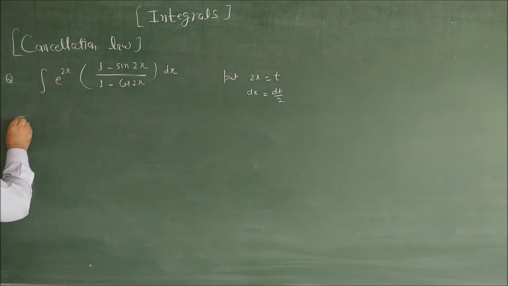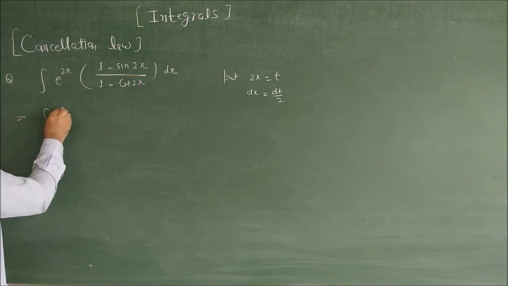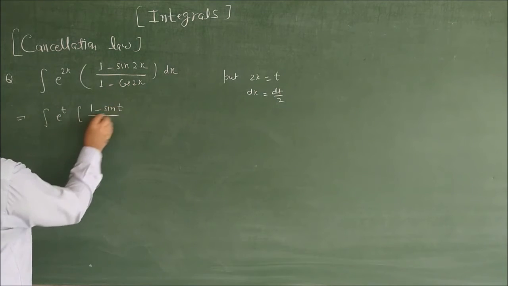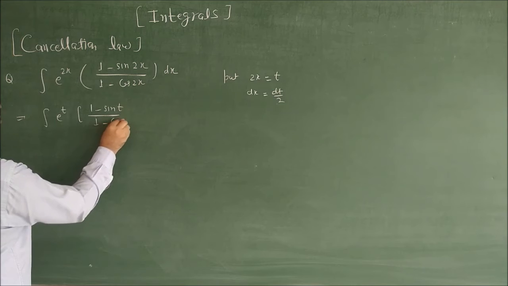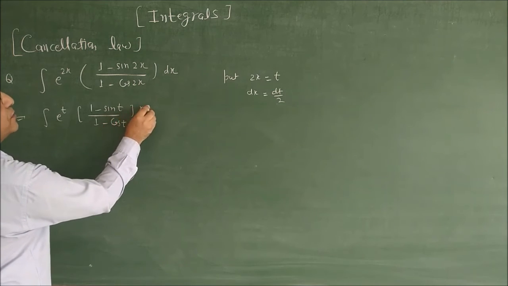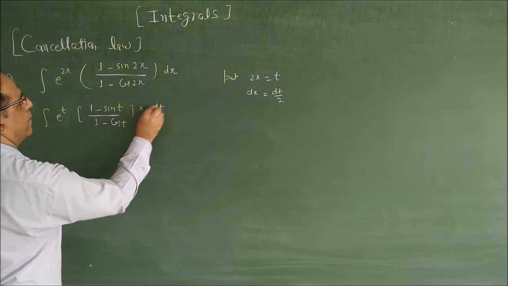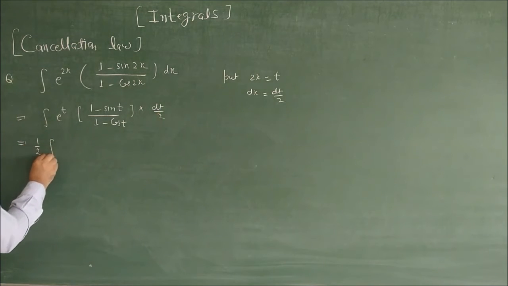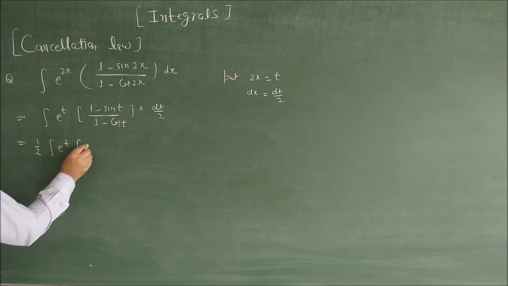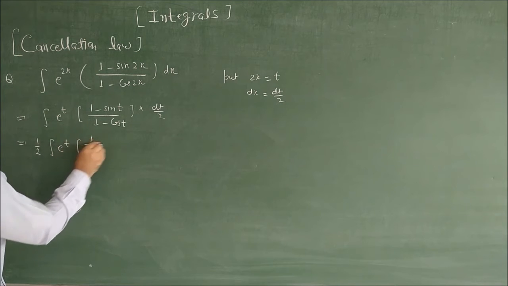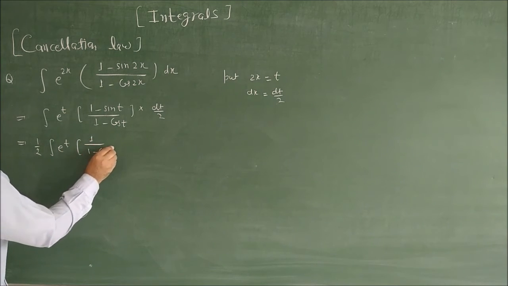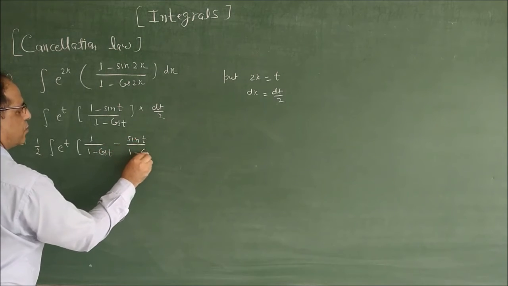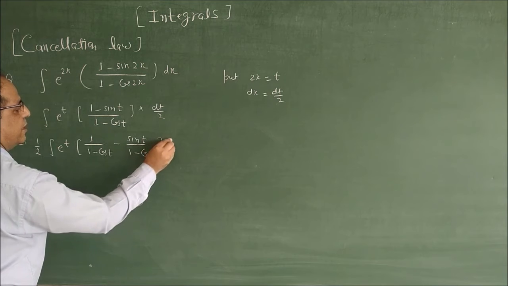So the question becomes e to the power t, here again (1 minus sin t) upon (1 minus cos t), and dx becomes dt by 2. This can be written as 1 upon 2 outside, e to the power t, 1 upon (1 minus cos t) minus sin t upon (1 minus cos t) dt.